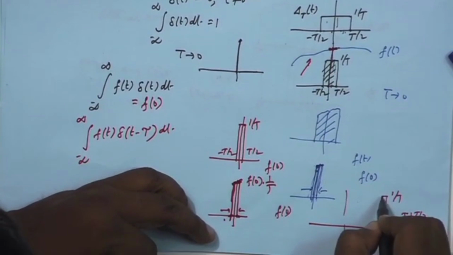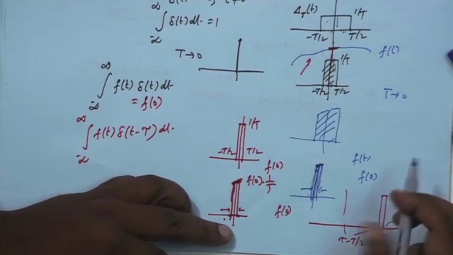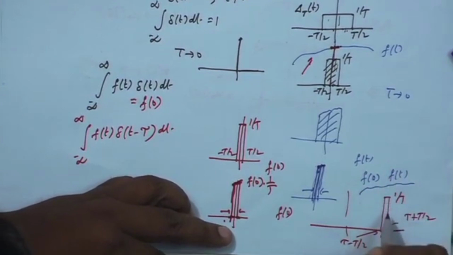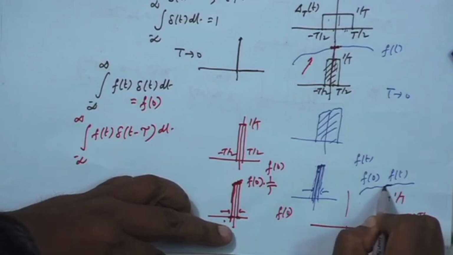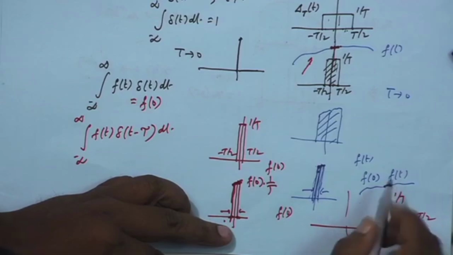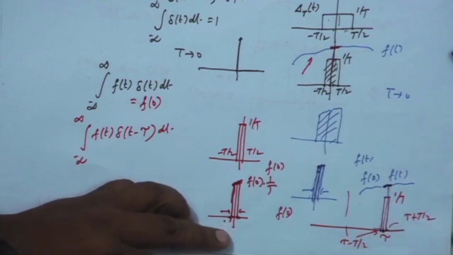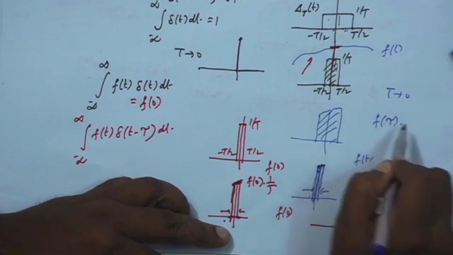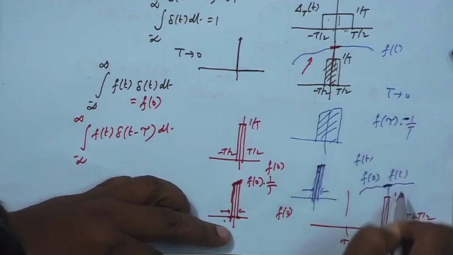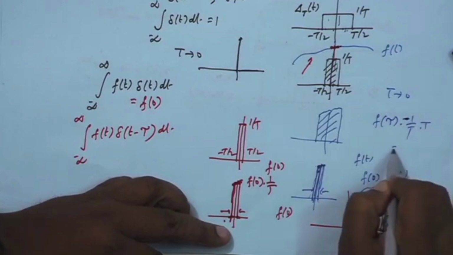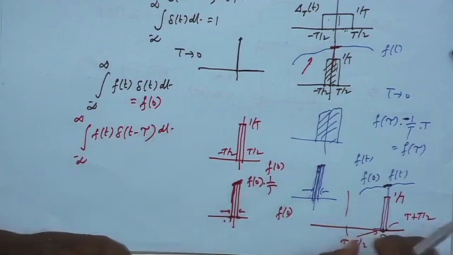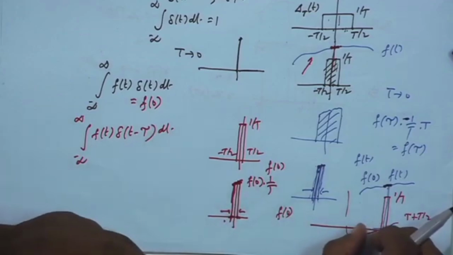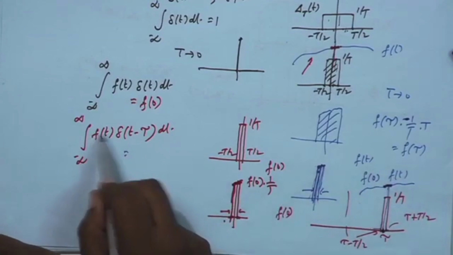If the function f(t) goes like this, over this window it varies only this much, but since this width is very small, you can assume the function is almost constant, with the value it has at f(tau). So the height now will be f(tau) into 1 by T after multiplication, and the width is again T. So the area under that will be f(tau) into 1 by T into T, which is f(tau). Even as T goes to 0, the height goes up, but the area remains f(tau).